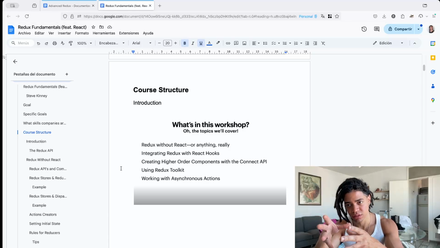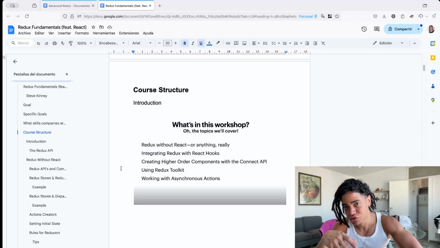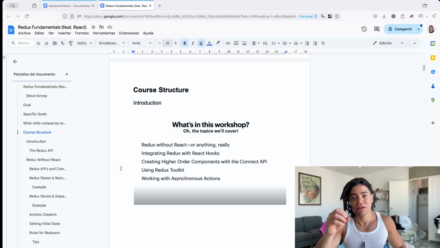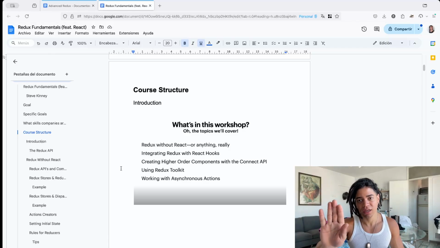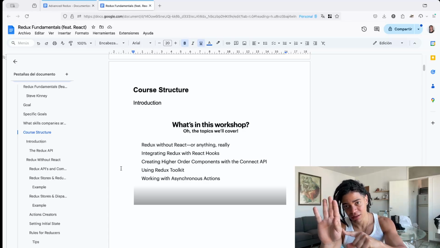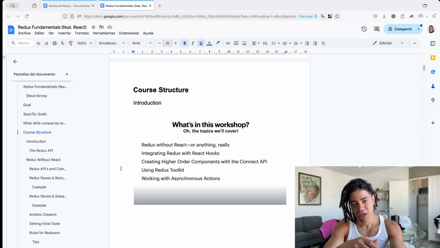So the problem that Redux is trying to solve is about state mutations. If you have a particular piece of data, anytime you mutate your data, you want to know what happened. This is part of the Redux goal and intent.